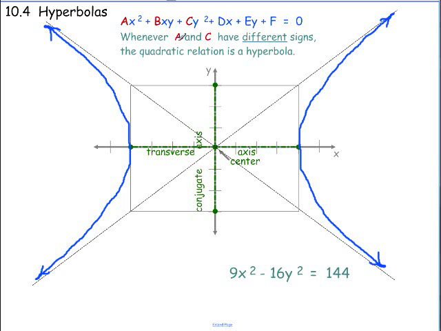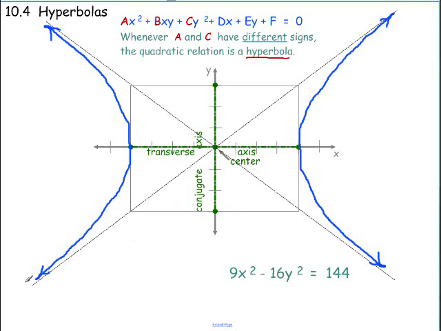When they are not the same, but they have the same sign, we know we have an ellipse. Whether they are the same or not, if they have a different sign, we know we have a hyperbola. Here we're looking at one.